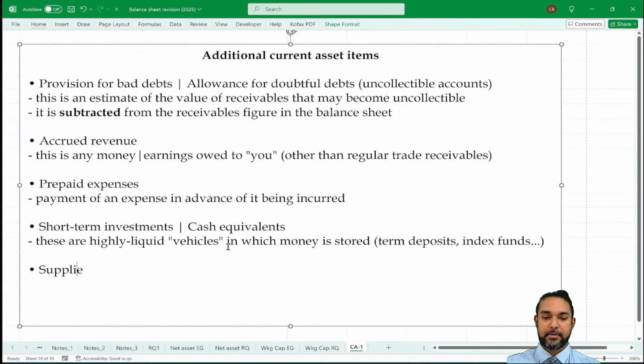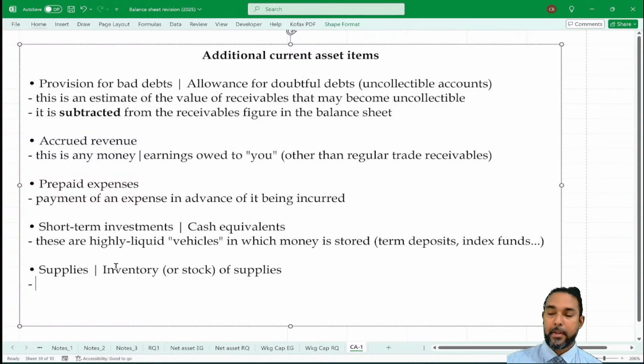was supplies. Right, so this one might seem kind of weird because we're talking about supplies. Sometimes also called inventory or stock of supplies. Now this one appears infrequently, but it does appear nonetheless. So for example, I have a printer.